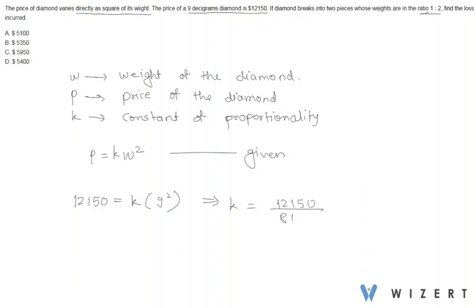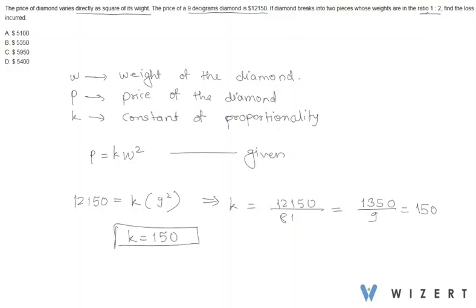This 9 square will go over here and divide. So 9 ones are 9, 9 threes are 27, 9 fives are 45, 0 divided by 9, and then 9 ones are 9, 9 fives are 45, 0. So we get the constant of proportionality as 150.